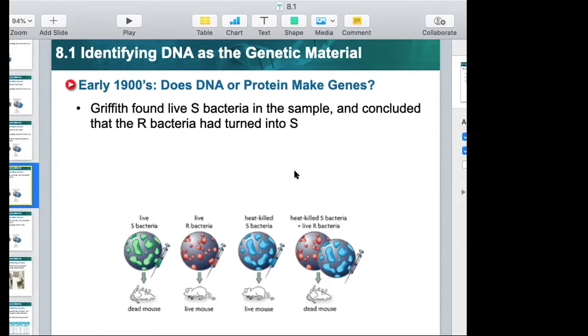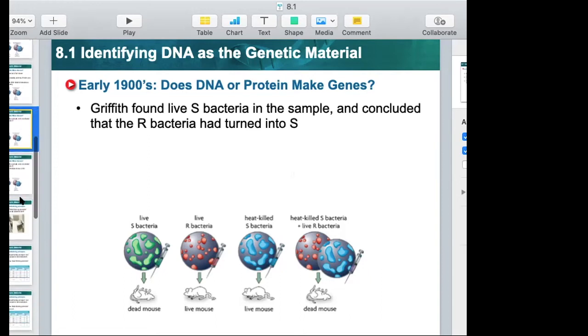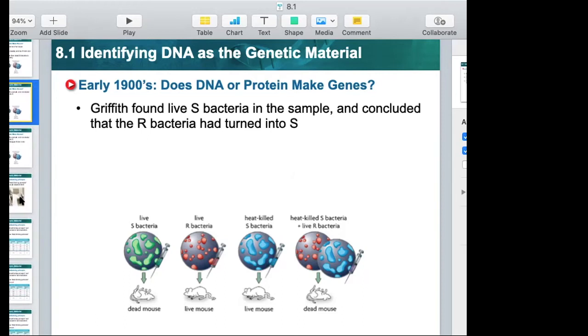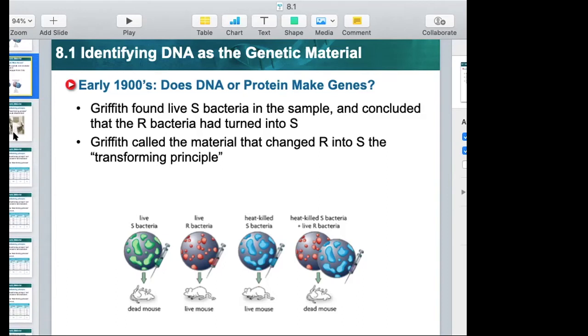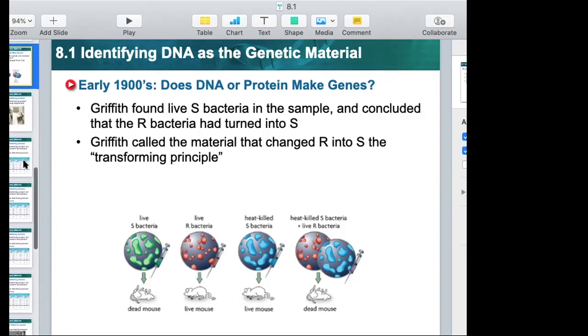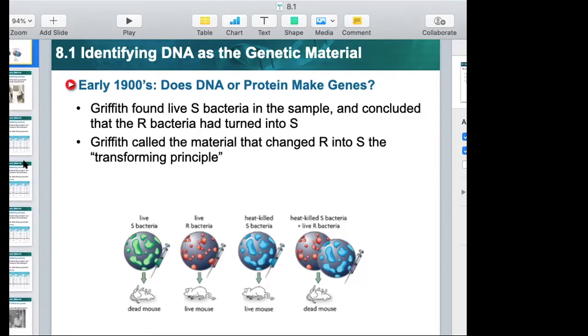So the R bacteria had converted into S. By taking the genes from the dead S bacteria, those R bacteria had become S. They had been transformed from R into S. So Griffith called the material that had changed R into S the transforming principle. And again, nowadays we know it's DNA, but at the time he didn't know what this was.